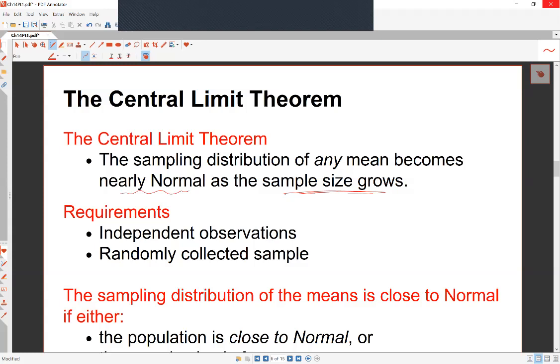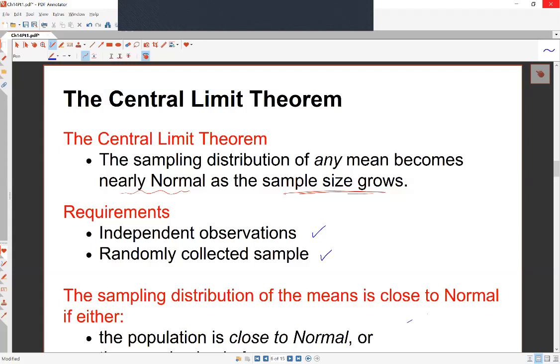But let's talk about when the central limit theorem applies. There are a few requirements. Firstly, we need to have independent observations. So you need to know that you're not sampling triplets and including all of those in your sample. Each individual sampled needs to be independent of every other individual sampled. And you also need to make sure that you have randomization.